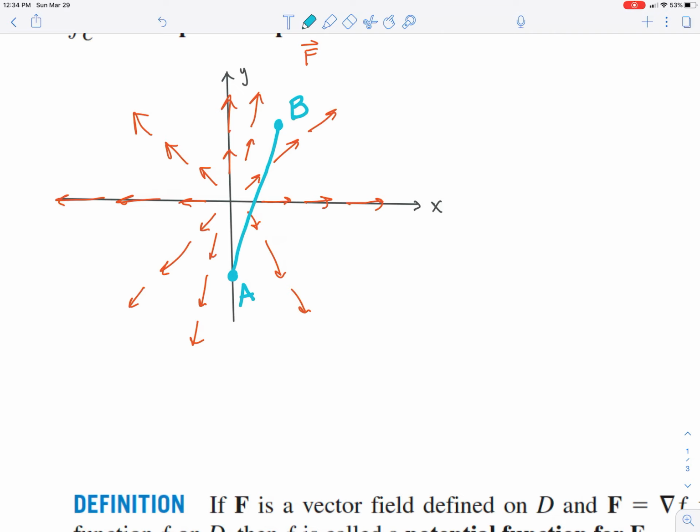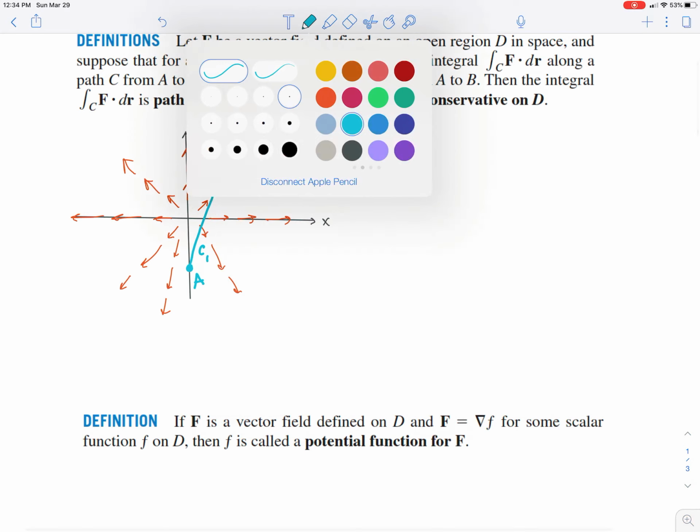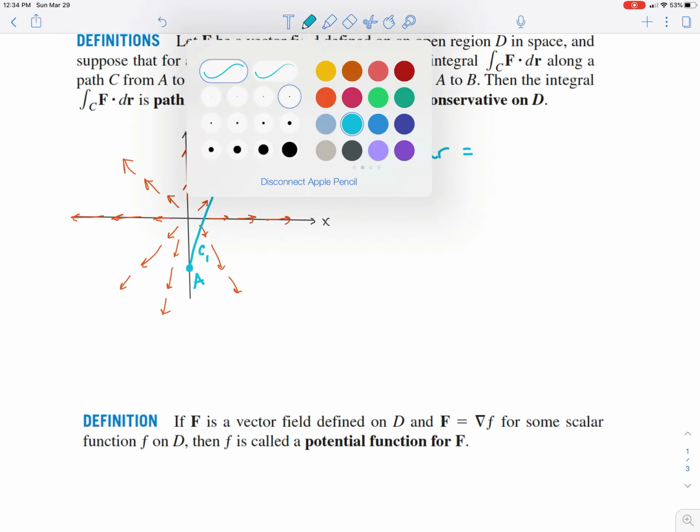So here's C1. We could evaluate that integral. So maybe the integral from A to B on C1 over this vector field dot dr is going to be the exact same as any other path, as long as the endpoints are the same.